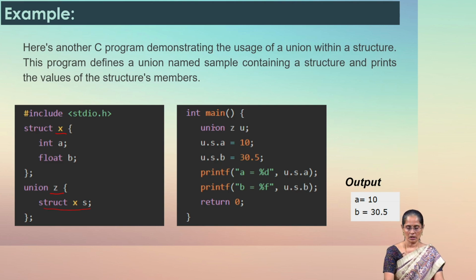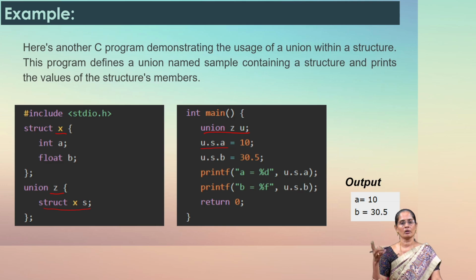In that case we need to define a union variable in the main program and then using the union variable and the structure variable we need to access the member. Here we will be using 2 dot operators, one for union, one for structure, the other for the member of the structure.